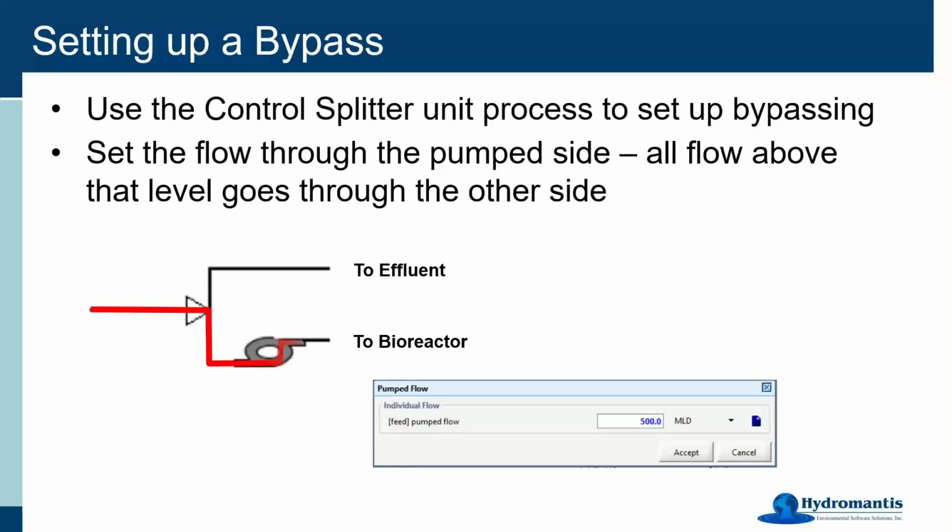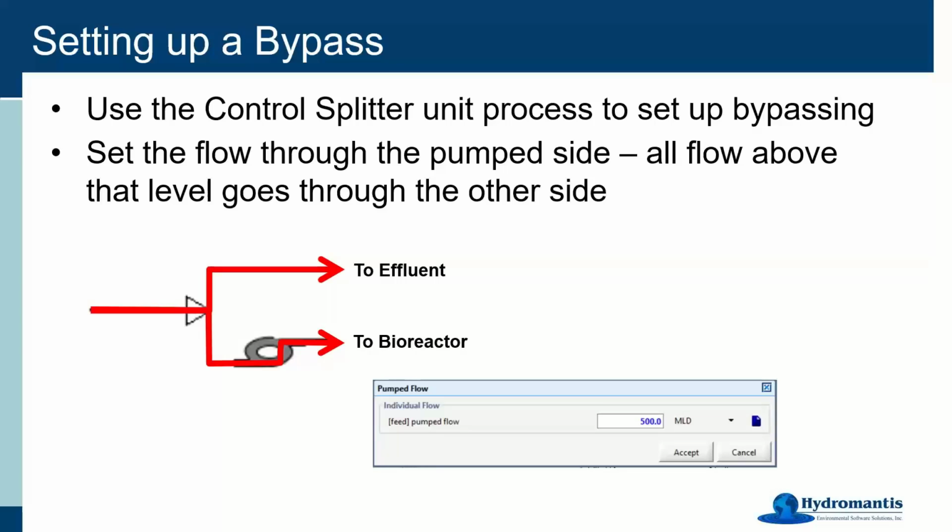What that means is if the flow is less than 500 MLD, all of the flow will go through the pumped side. By default, it's set up to work that way. So anything 500 or less all goes through that side. When the flow coming in is higher than whatever threshold you've set, the rest of it goes the other way.